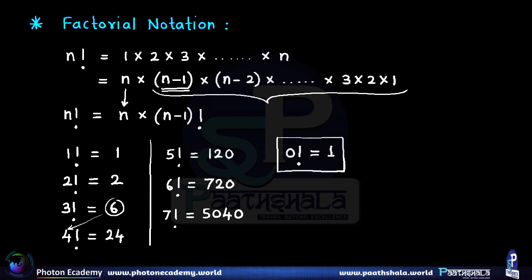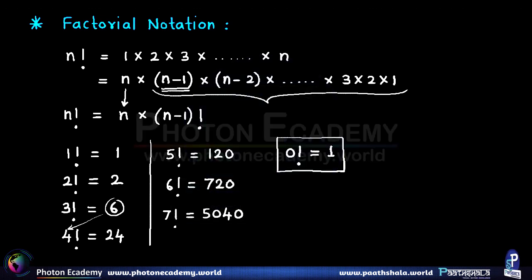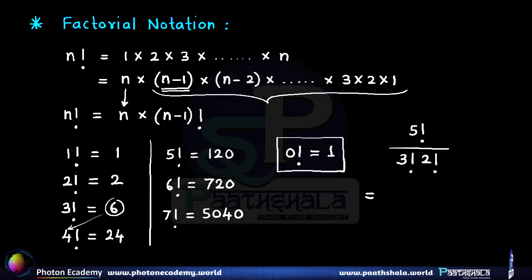Now let's see some examples based on factorial notation. Suppose we want to calculate this particular quantity, that is 5 factorial upon 3 factorial into 2 factorial. The simple way of simplifying this is, we know that from the 5 factorial we can definitely cancel out the 3 factorial.